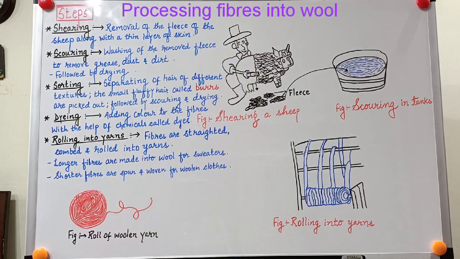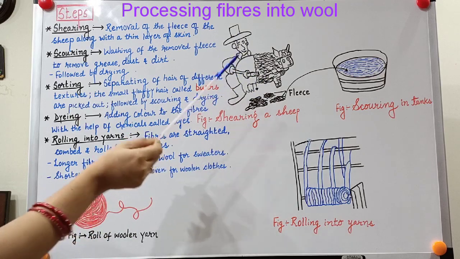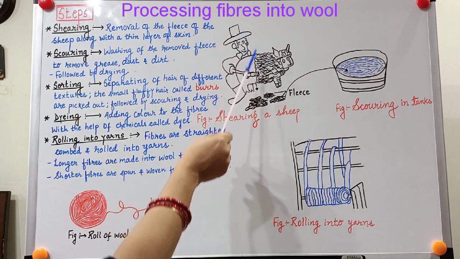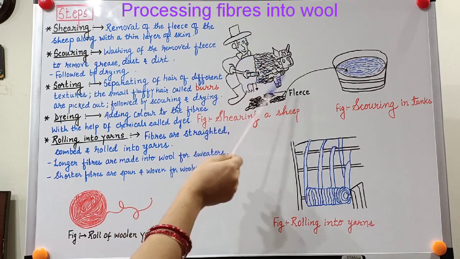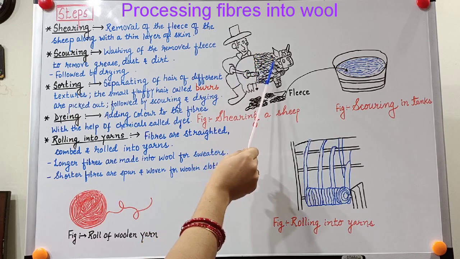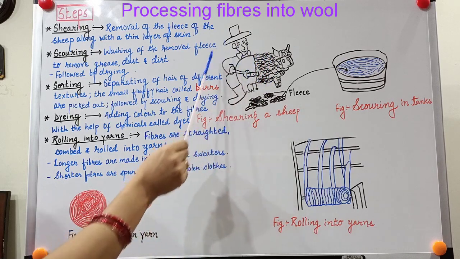You may be wondering whether this process is giving any pain to the sheep. It is not true. Why? It is similar to cutting hair. When you are cutting your hair, you do not feel any pain. In the same way, when the hair of the sheep is removed, it does not feel any pain. The reason is that hair cells are dead cells, which have no connection with the nerve cell.